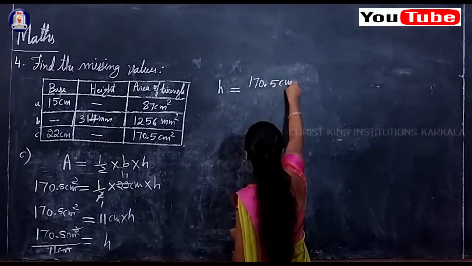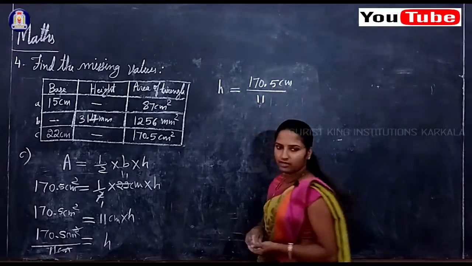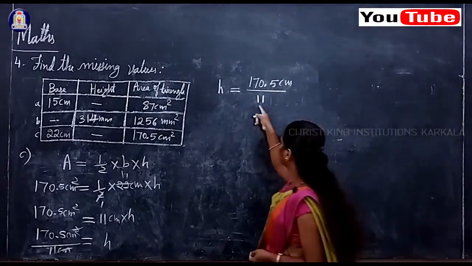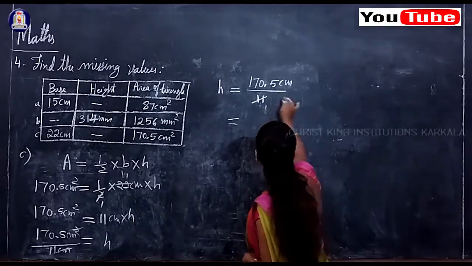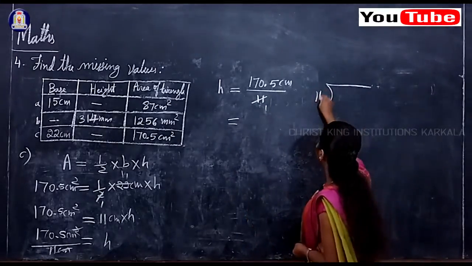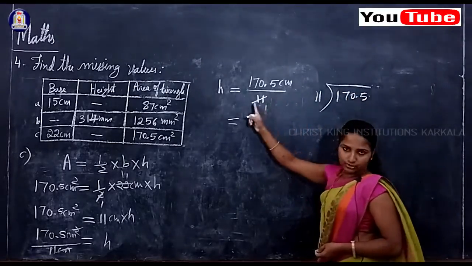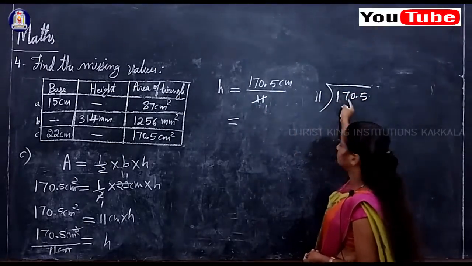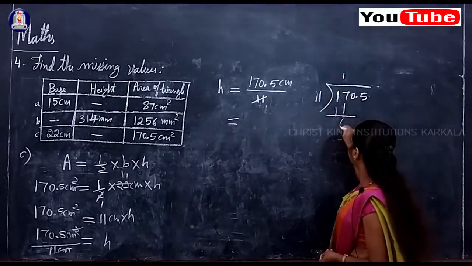So what is remaining? 170.5 divided by 11. Okay? Now we can divide this by the 11 table, or if you want you can do long division also. 11 how much is 170.5? Okay? 11 how much is 17? 11 ones are 11. So what is remaining? 6.